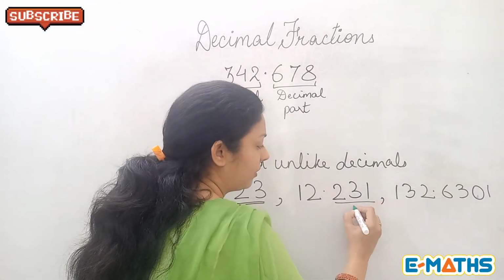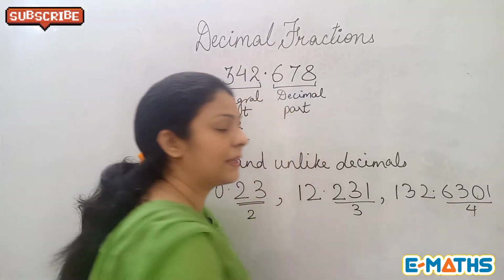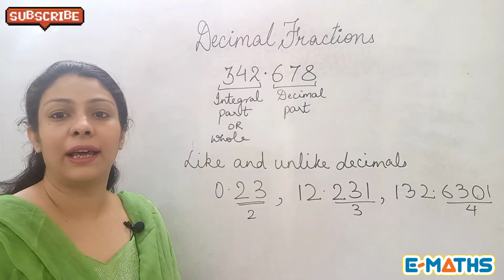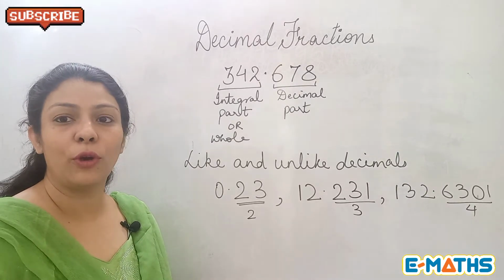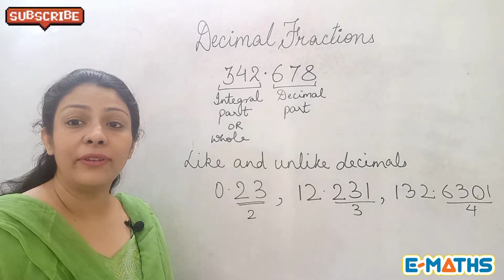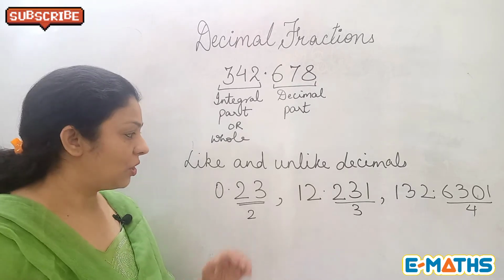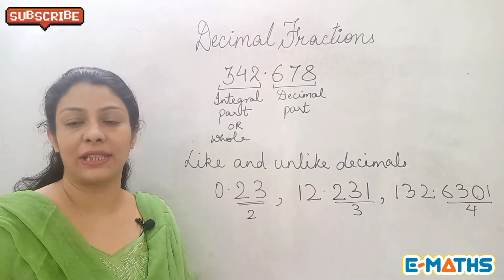In this one we have 3 decimal places, and in this one I have 4 decimal places. So I can say that all these are unlike decimals. Now to make them like decimals, I'm going to look at the number having the maximum digits in the decimal part. The last number has the maximum number of decimal places.